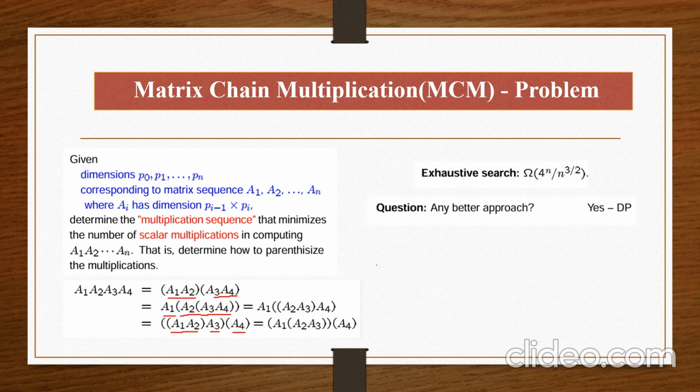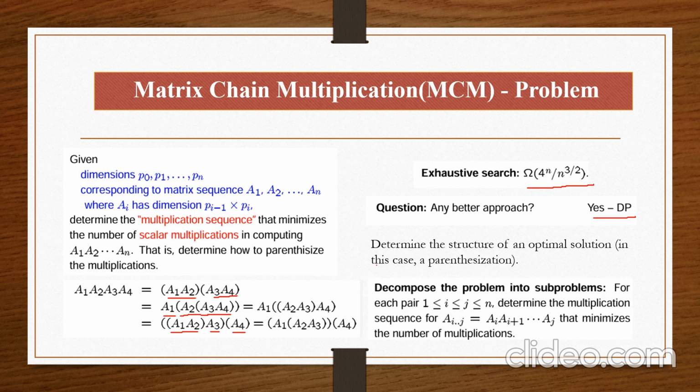When I use exhaustive search, that is my brute force methodology, to compute matrix chain multiplication, the complexity will be 4 power n, which is exponential. Do we have any better approach so that this complexity can be reduced? The answer is yes. It is nothing but our dynamic programming.